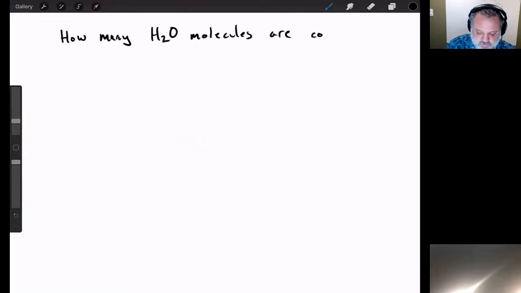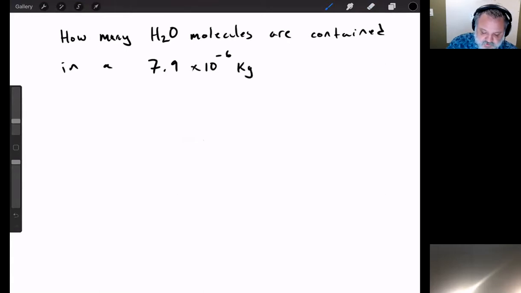All right, so let's do this. How many water molecules are contained in a 7.9 times 10 to the negative 6 kilogram sample?